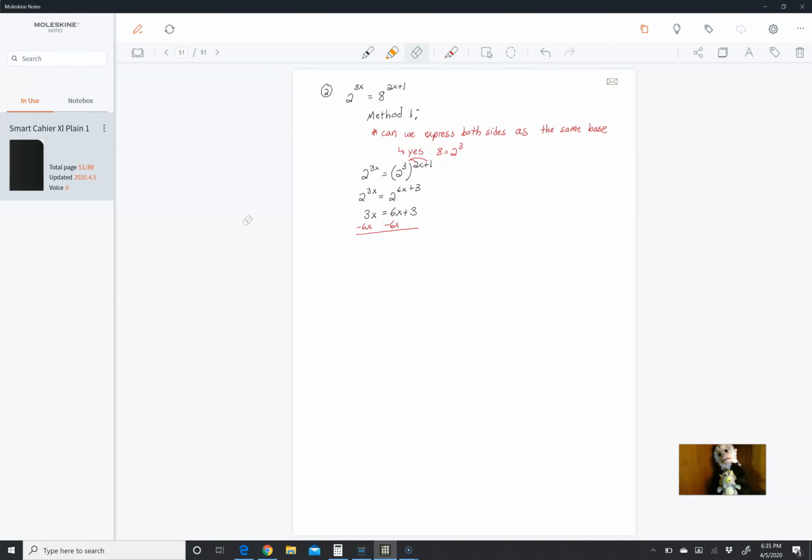Okay, so here what we're doing is we're saying the bases are the same, so the exponents are the same. And then we're saying, okay, solve for x.